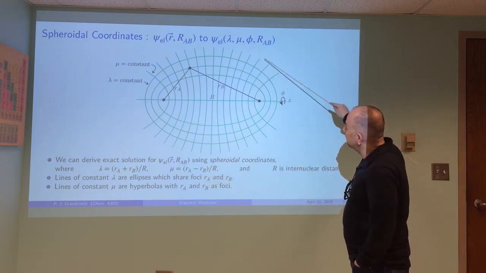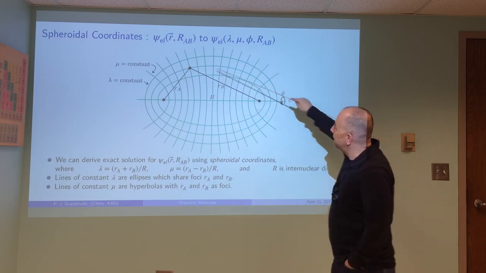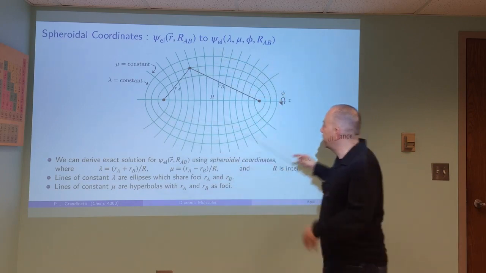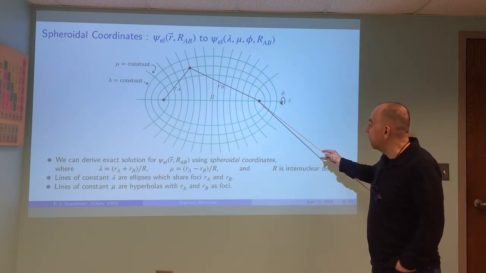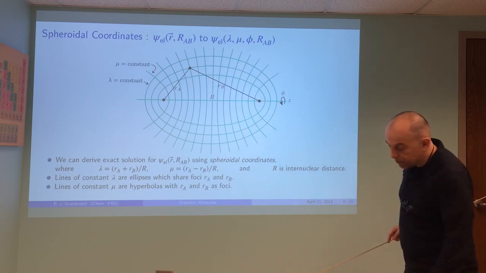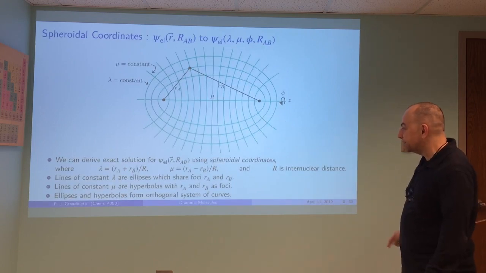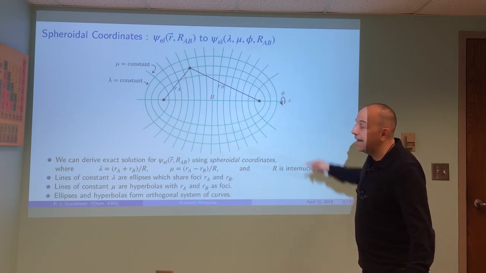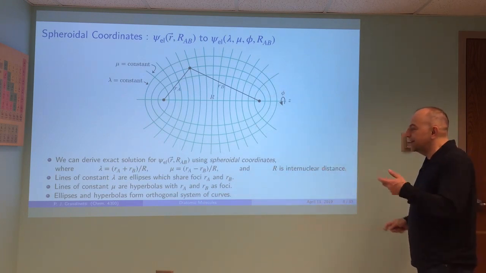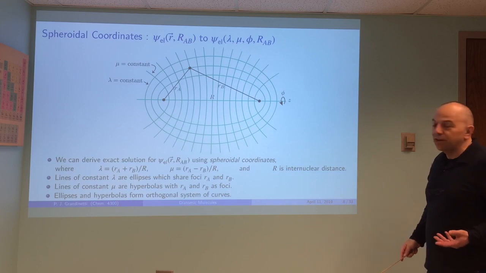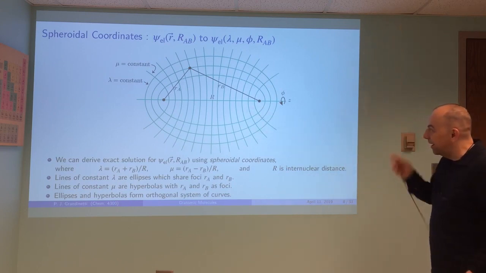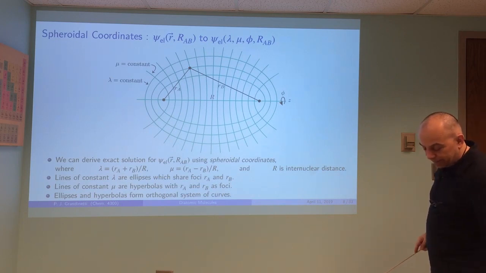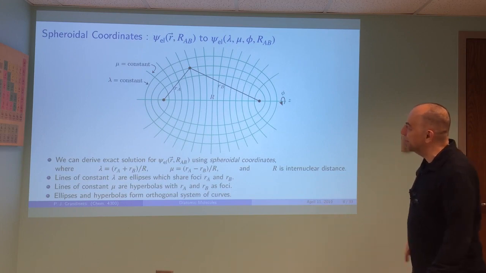They're hyperbolas, and they become more and more curved as you move out away, but their foci are also these nuclear positions. So these form, so to speak, a grid. This is an orthogonal system of curves, at every point of which we can define our wave function. I know this is crazy, but trust me, it works, and it will give us some insight here.